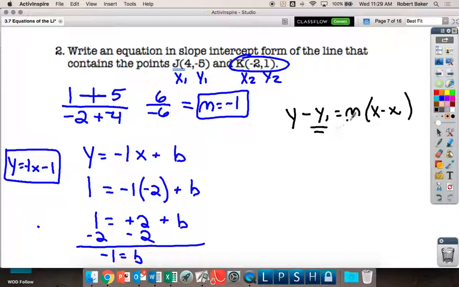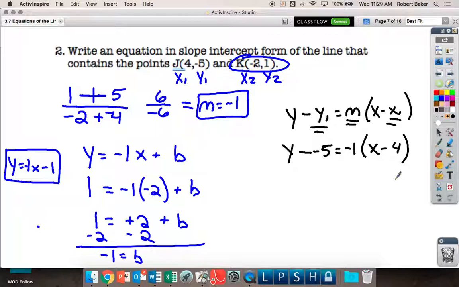Aaron, which point did you use, J or K? J. So I have y minus -5 equals my slope -1 times x minus 4.